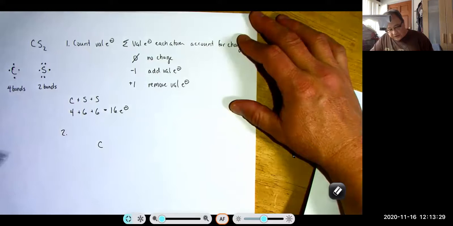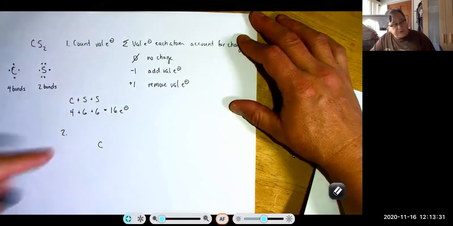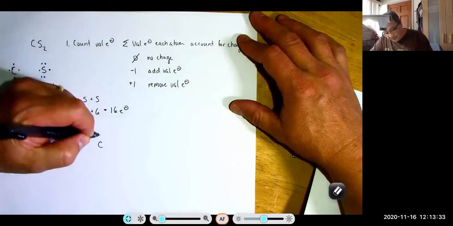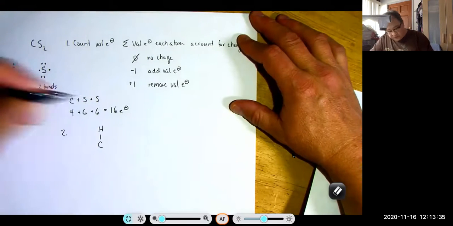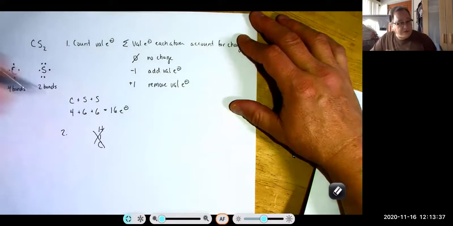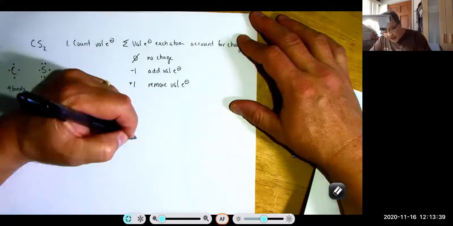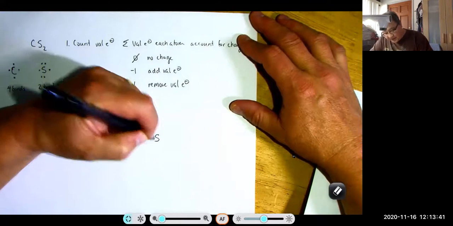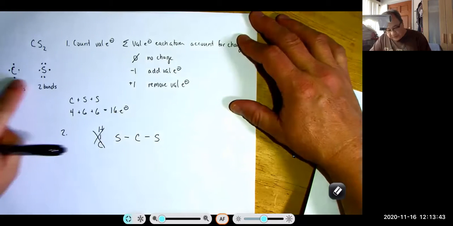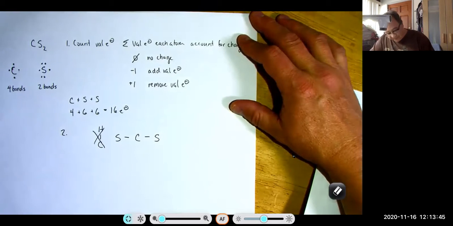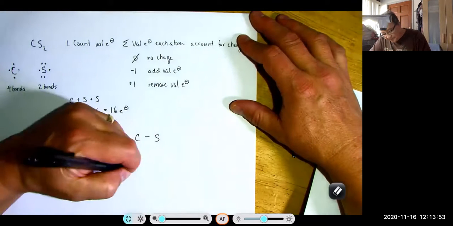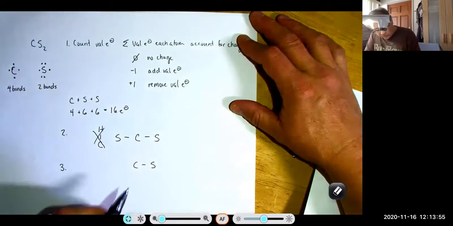So the second thing you do after you count valence electrons is you pick your central atom. Pick your central atom and you attach the surrounding atoms to the central atom. And then what you need to do is you need to put lone pairs on the surrounding atoms, like so.